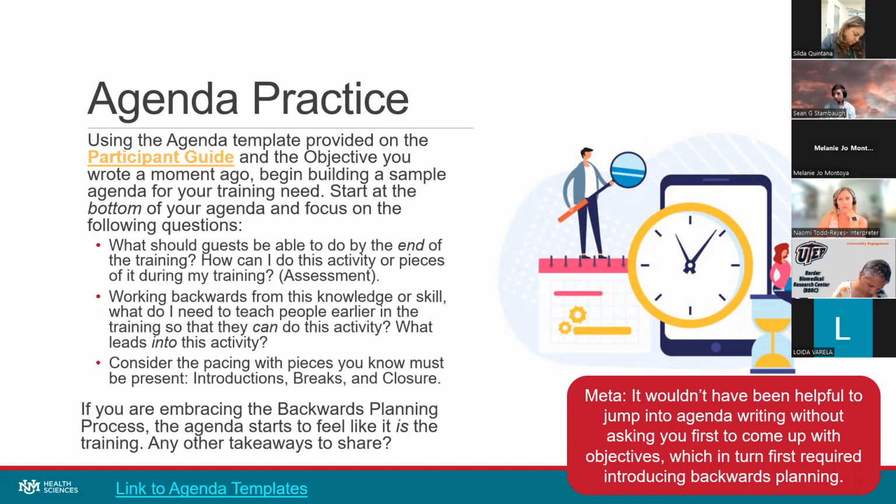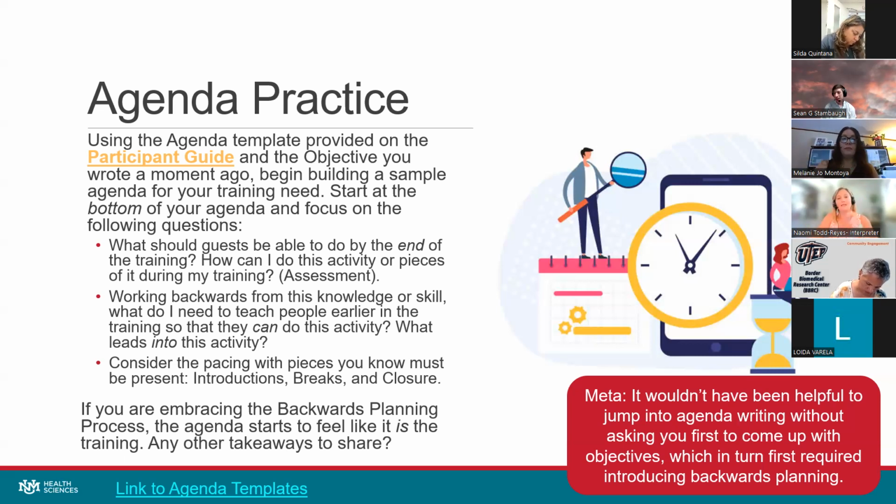Before the break, I asked you all just to hold in your heads the objective, the activity that your audience will do to demonstrate that they have learned what you want them to learn. And so the next step from there of developing and holding those pieces is to actually begin building out more of the agenda.